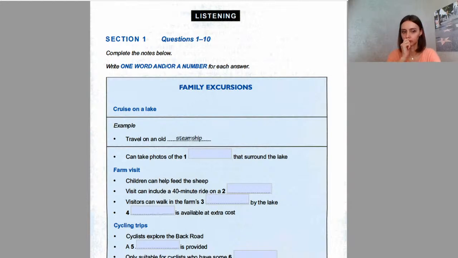Section 1. You will hear a man inquiring in a tourist centre about activities suitable for families. First, you have some time to look at questions 1 to 4.